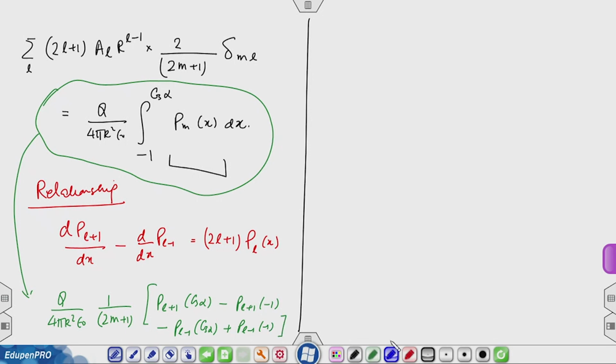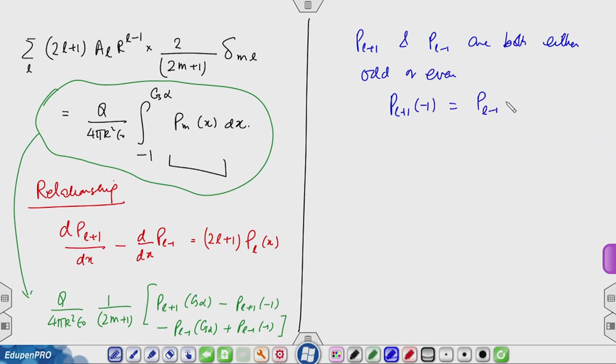Keep in mind that P_(L plus 1) and P_(L minus 1) are both either odd or even. So, their value at minus 1 are going to be the same. It is either plus 1 or minus 1, but the same.